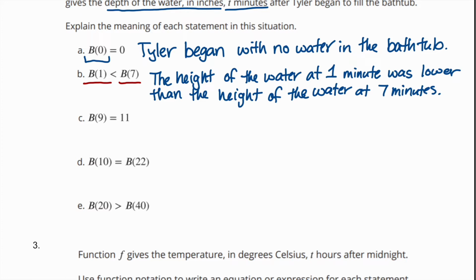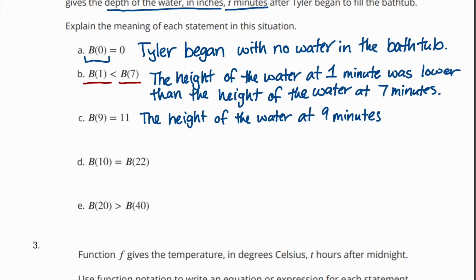Statement C gives us an actual output value. The part on the left, B of 9, represents an output value at a specific time. So we can say the height of the water at 9 minutes, and that phrase represents B of 9 with the parentheses.